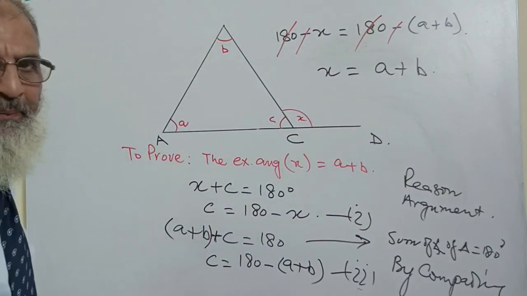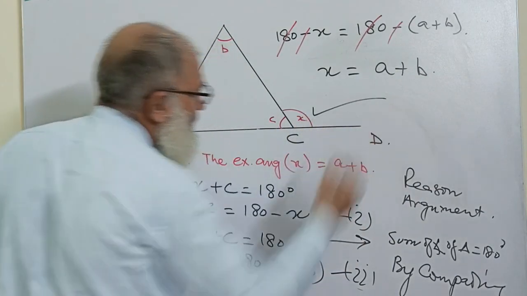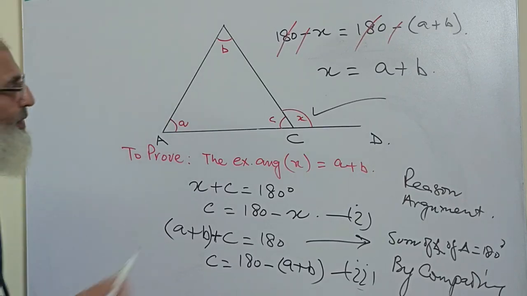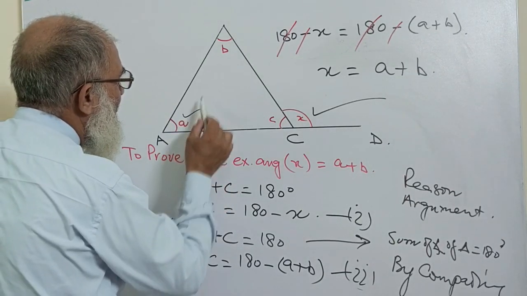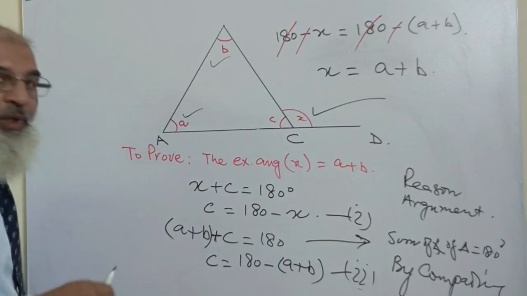And where is X? This is X. And where are A and B? Now this is A and this is B. So it is proved.